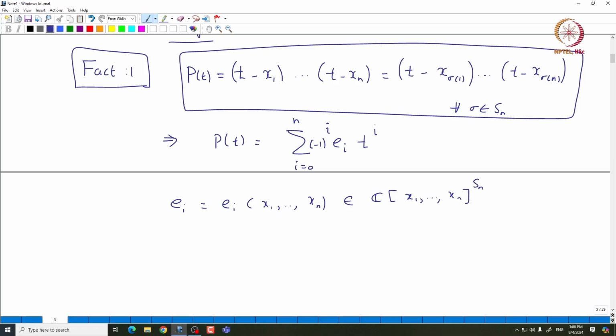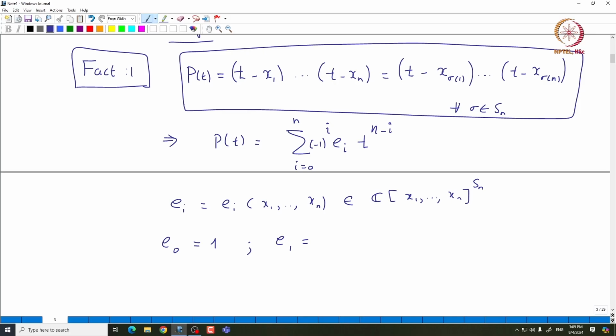For example, E0 is exactly 1, since that is just the coefficient of t power n, and E1 is nothing but the coefficient of t power n minus 1.